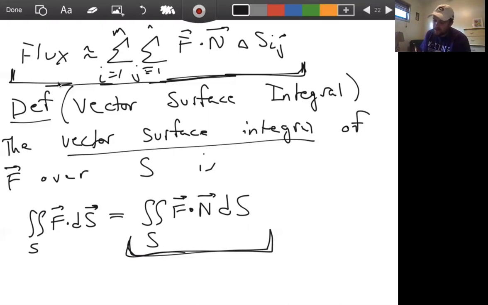Now, let's take our knowledge of scalar surface integrals to come up with a more explicit formula to actually calculate vector surface integrals.